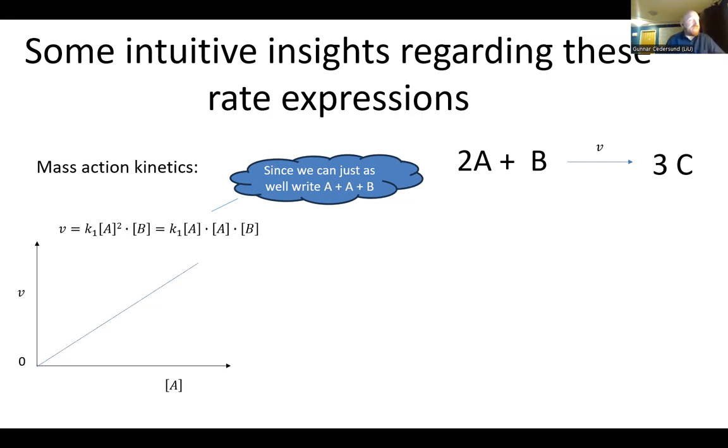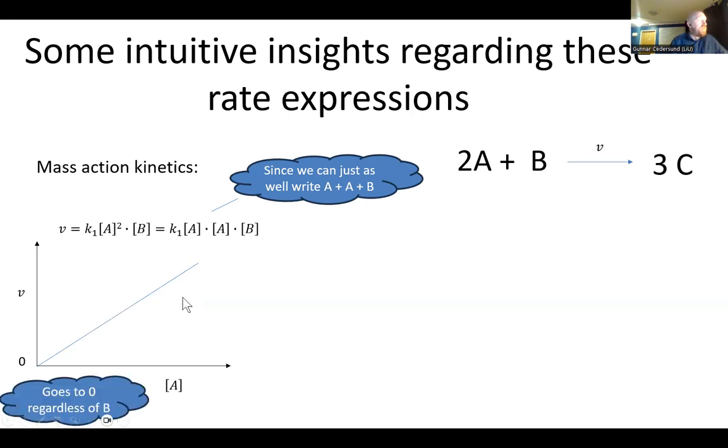Okay, so let's understand a little bit what this expression is doing. So here we have A, concentration of A increasing, and here we have the reaction rate. So let's see two things.